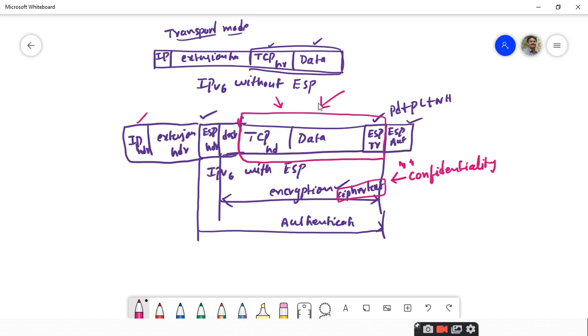So, the transport mode operation provides the confidentiality for any application that uses it. The advantage of this particular transport mode is that it is going to provide the confidentiality for any application. Any application can make use of this service.